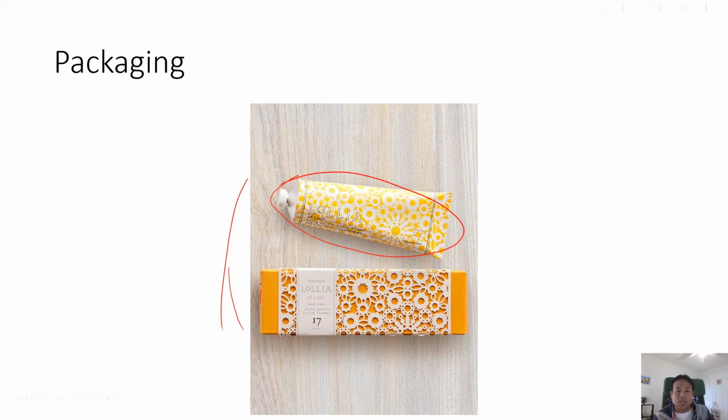The package also has a similar design to attract your customer, as well as contain and protect your product. Also, this gives some information, because your customer looks at your package and buys your product. So that's why you need to put some information on your package.